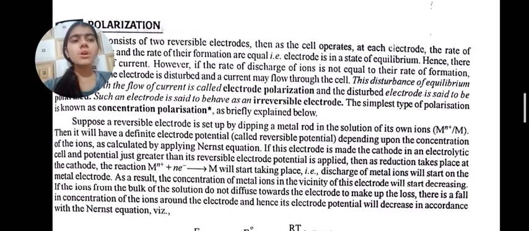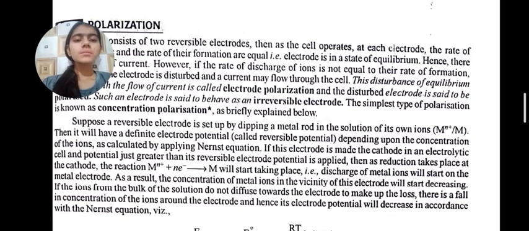If this electrode is made the cathode in an electrolytic cell and a potential just greater than its reversible electrode potential is applied, then as reduction takes place at the cathode, the reaction M^n+ + n e^- → M will start taking place. That is, discharge of metal ions will start on the metal electrode.